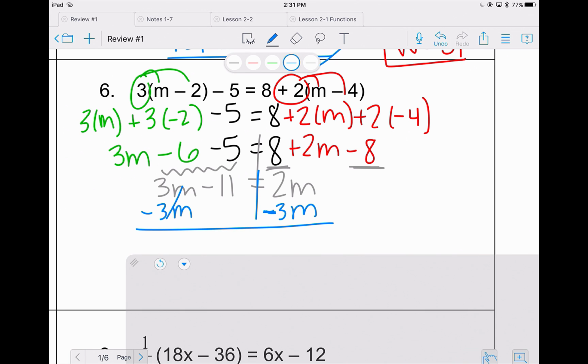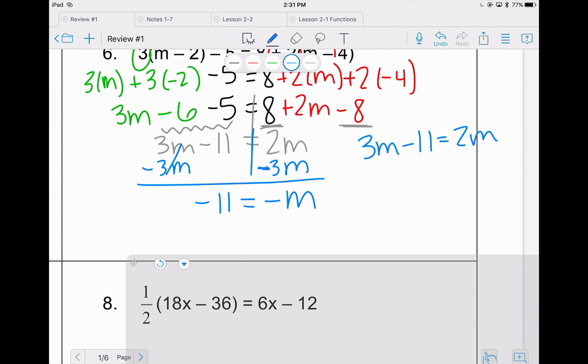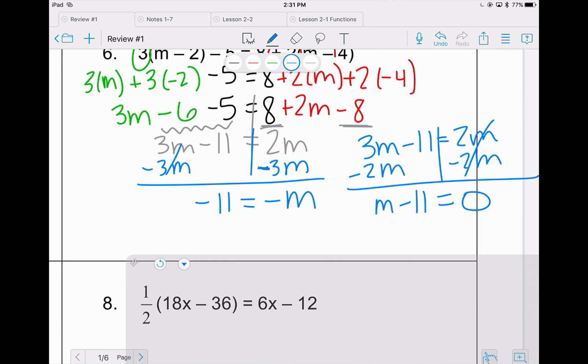However, if I move the 3m to the other side, I now have numbers on the left side and my m's on the right. If you move 2m, very important, that is fine, but this is what's going to happen. You subtract 2m from both sides, and you will have m minus 11 equals 0. Then you would need to move the 11 still.